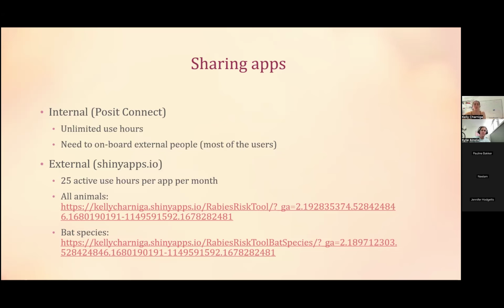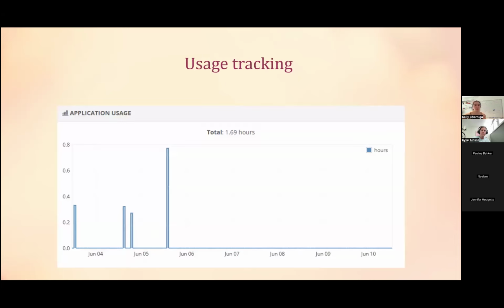So I also wanted an external version just for anyone to be able to look at, but this one only has 25 active use hours per app per month, so that's like 30 minutes per state, which is really not that much. But if anyone wanted to check it out, they are publicly available here, and I can again put the links in the chat.